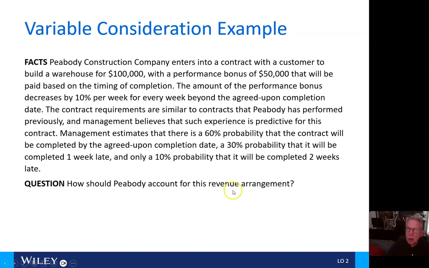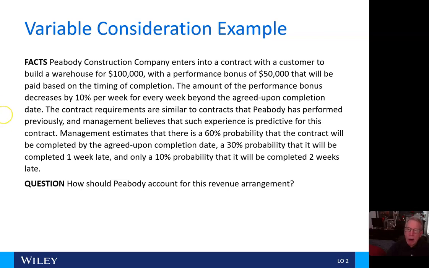Okay, let's take a look at an example of variable consideration. Here, Peabody Construction Company enters into a contract with a customer to build a warehouse for $100,000 with a performance bonus of $50,000 that'll be paid based on the timing of the completion. The amount of the performance bonus decreases by 10% per week for every week beyond the agreed upon completion date.